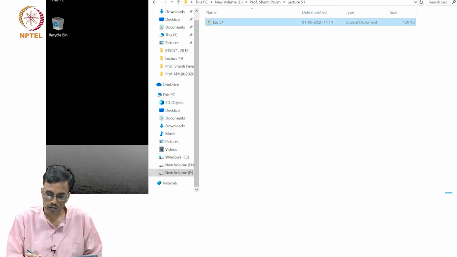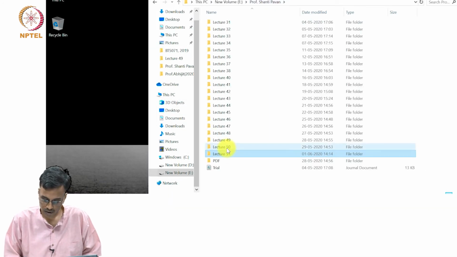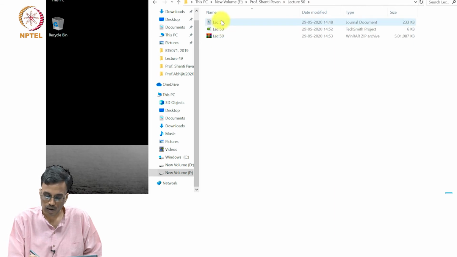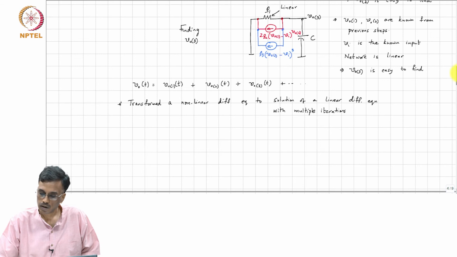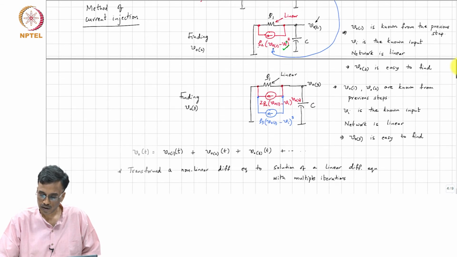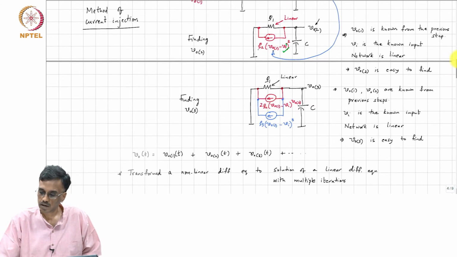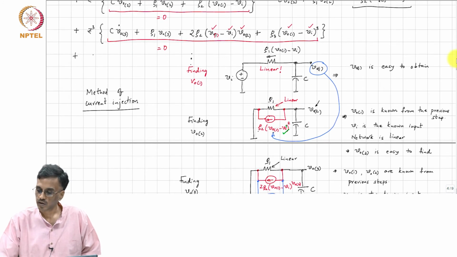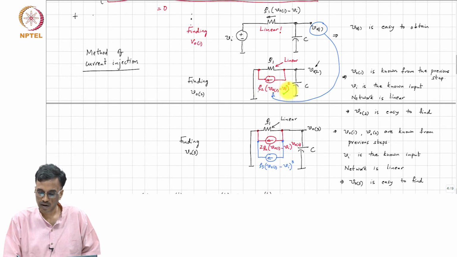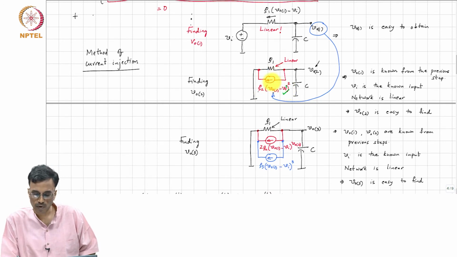Let's go back to our notes. As you can see here, when we go back to our notes, what did we do in the second order term is straightforward, right.